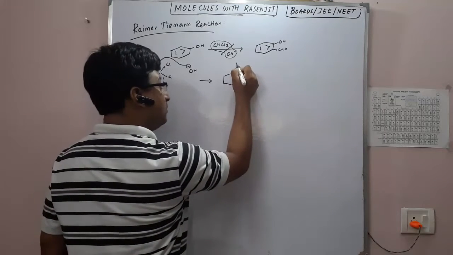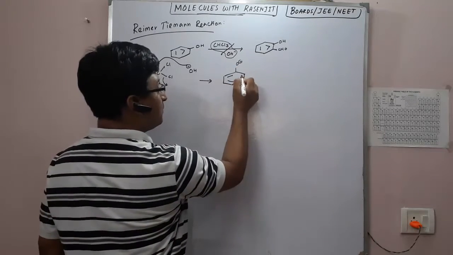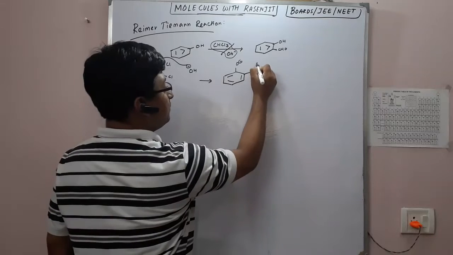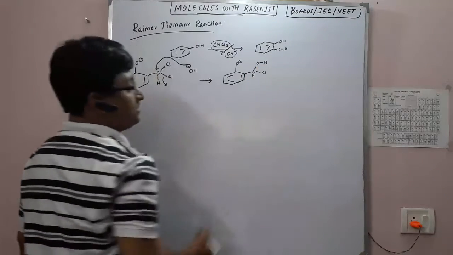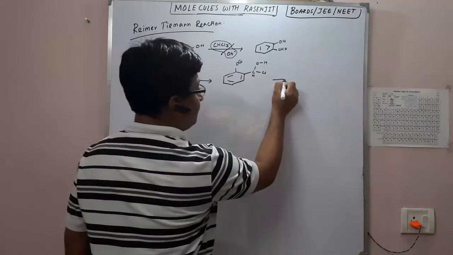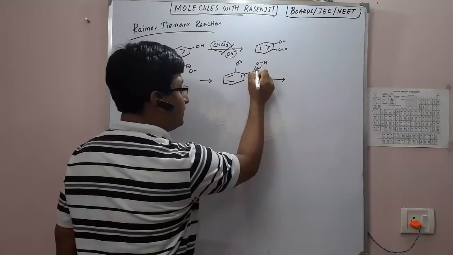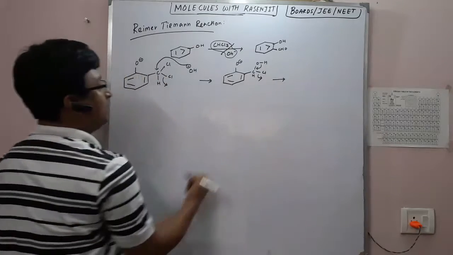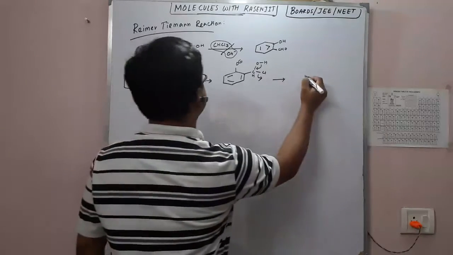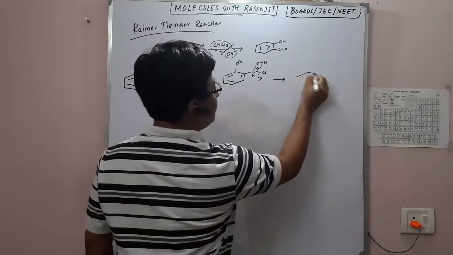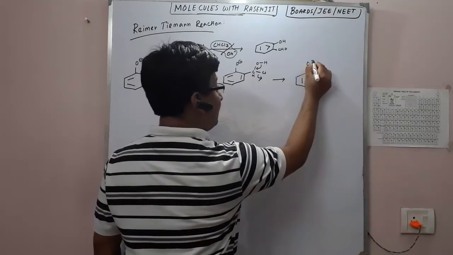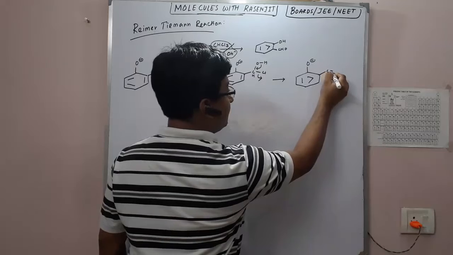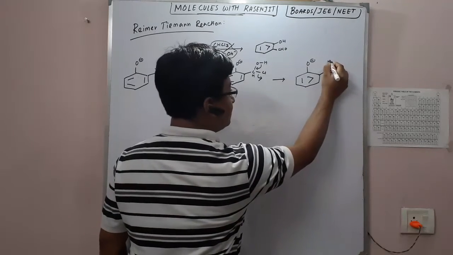It is O minus, COH, ClH. In the next step, there will be an elimination. So this will come here and the chlorine will eliminate. Next step, O minus, C double bonded OH.